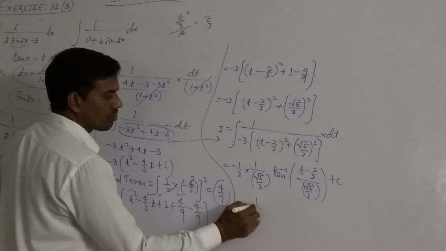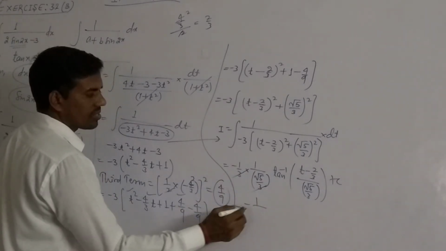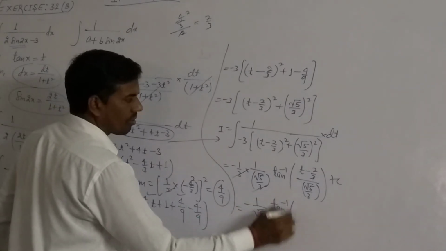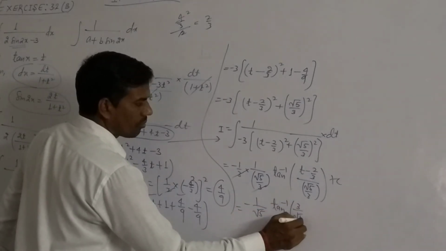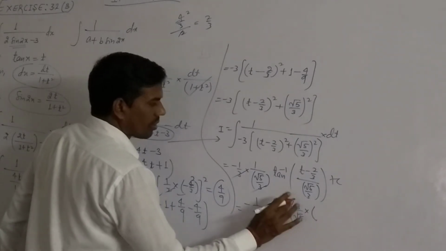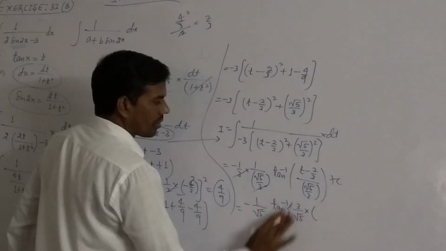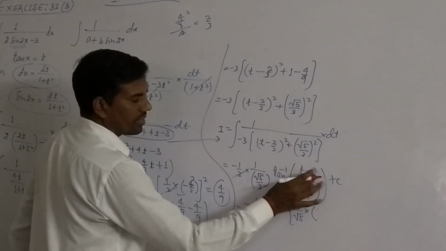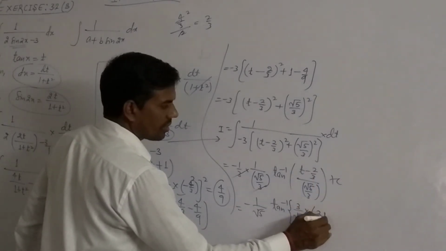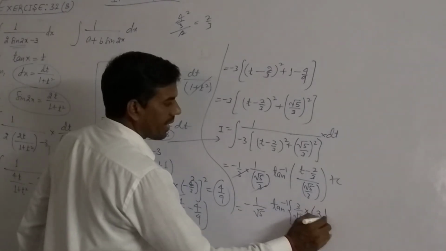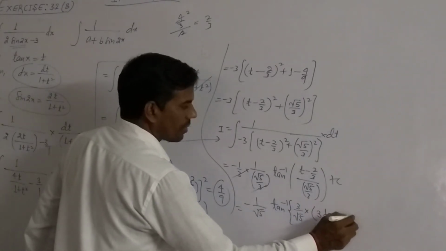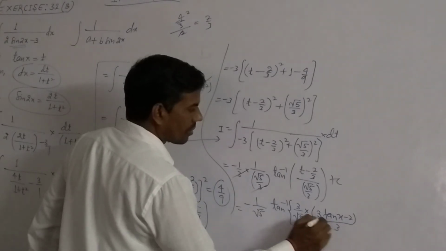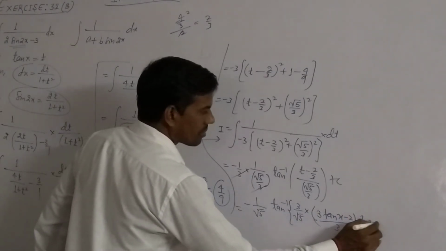This is equal to minus 3, the 3 gets cancelled out, minus under root 5 tan inverse of 3 upon under root 5 into t minus 2 upon 3, where t means tan x, plus c.